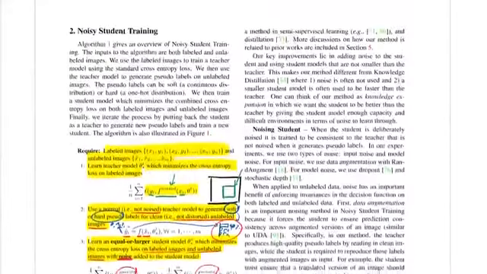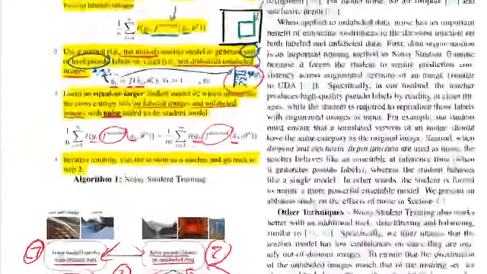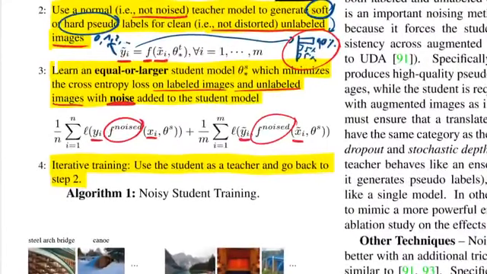Now they have some more tricks when they do this iterative training. They also up the batch size during the iterative training and so on. So they do a lot of things to make the student learn something more, something better than the teacher.